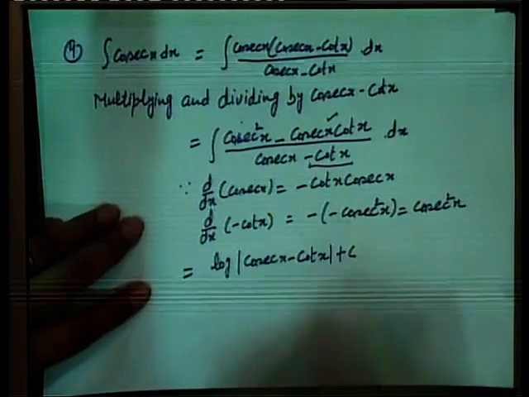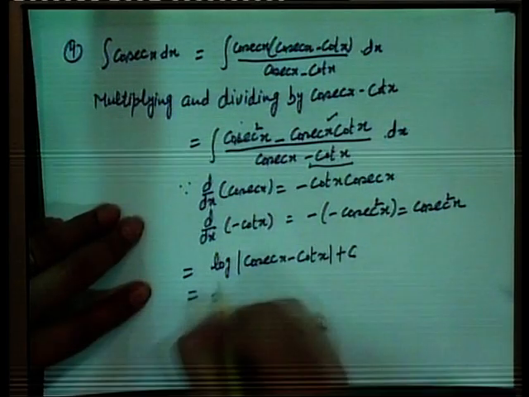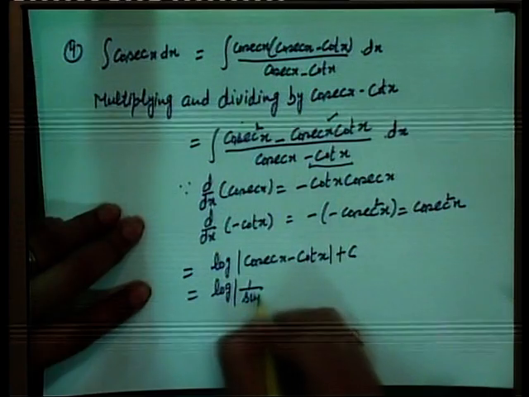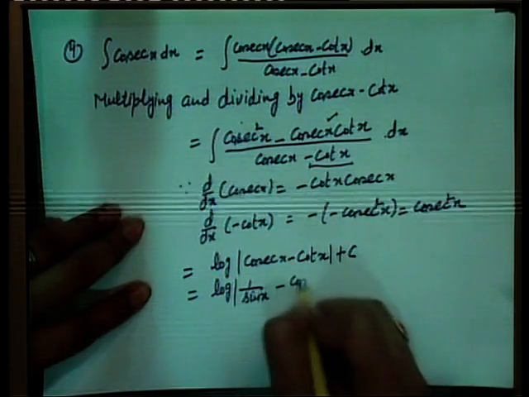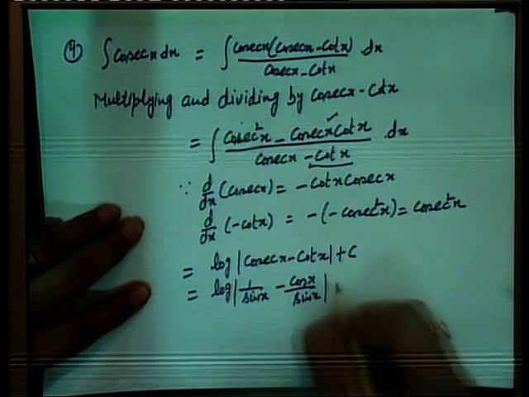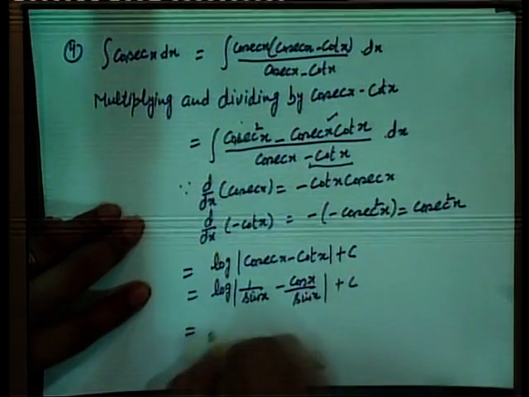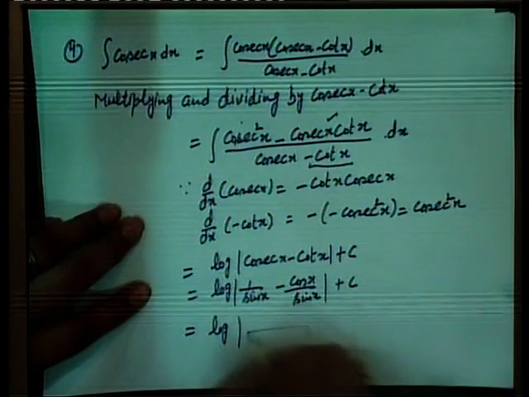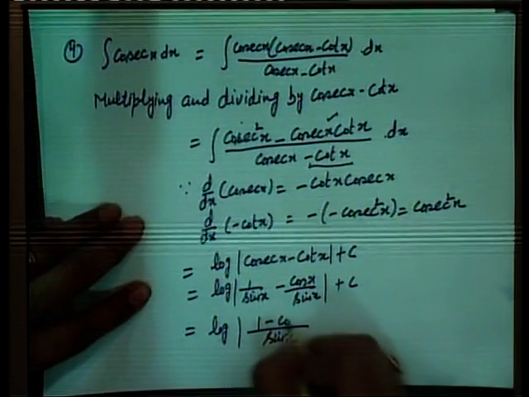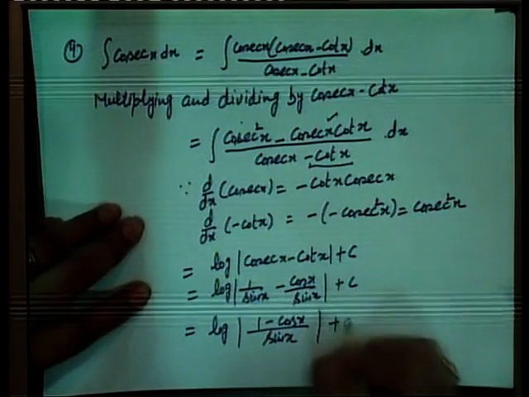We can further solve this. We can write this as log of mod of cosecant x, which we know is 1 over sin x, and cotangent x is cos x over sin x. Taking sin x as LCM, we have sin x in the denominator and in the numerator 1 minus cos x, plus c.